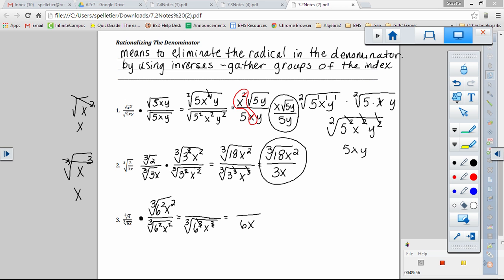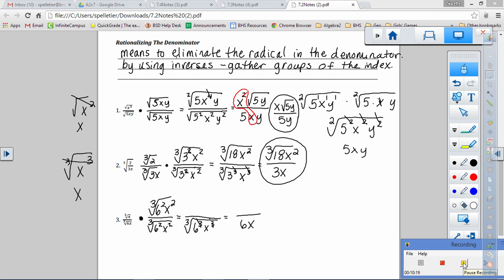Okay, so let's consolidate under one radical. Right? So I need 6 squared, that's 36, and then I have to multiply that by 4. So I have 36, and I have to multiply by 4. Okay? Oh, no, yes, 36 multiplied by 4.